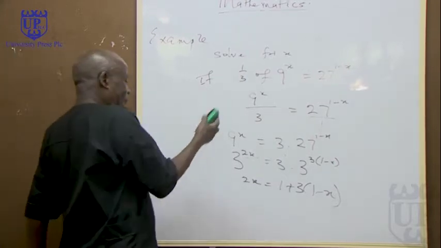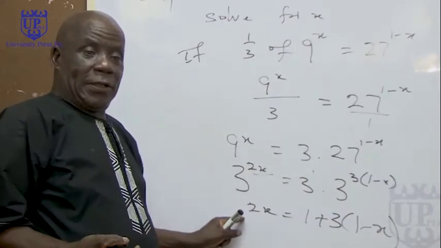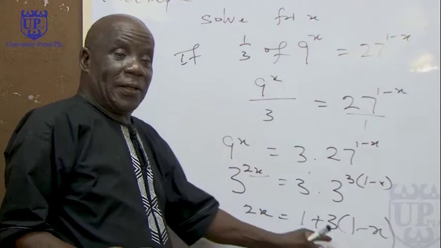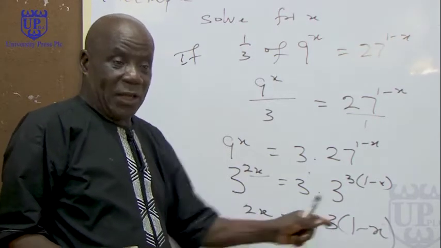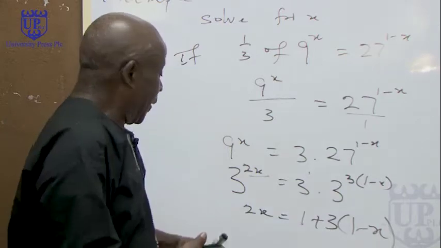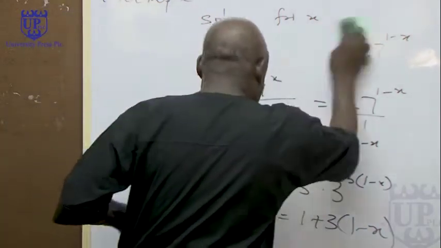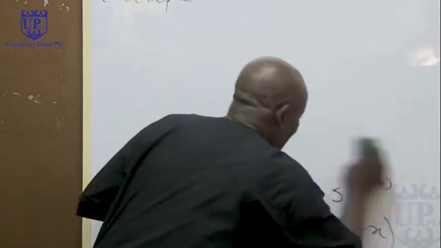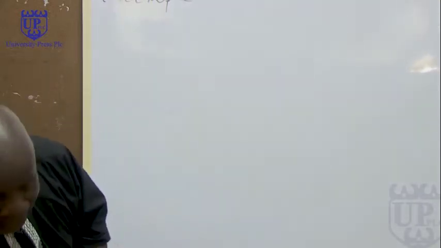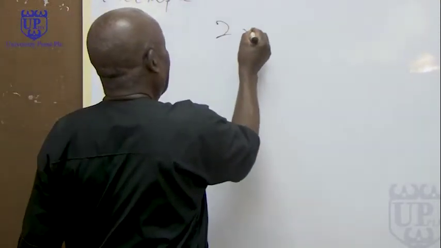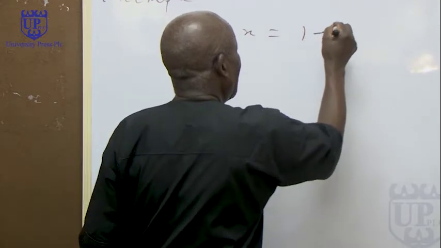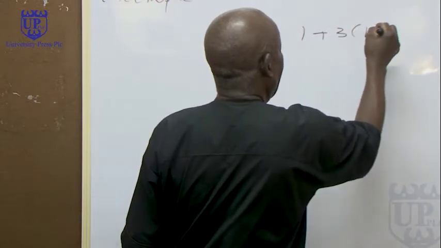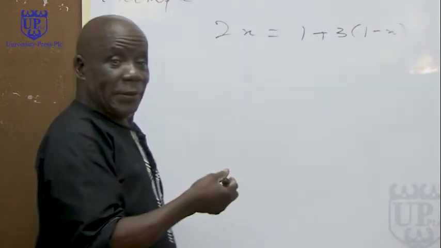Let's continue. You know these simple linear equations, you are not just allowed without clearing the bracket. Now 2x equals 1 plus 3 into 1 minus x, isn't it?